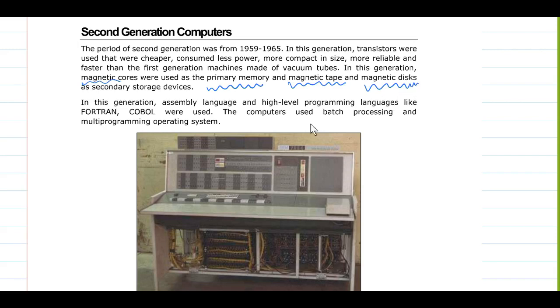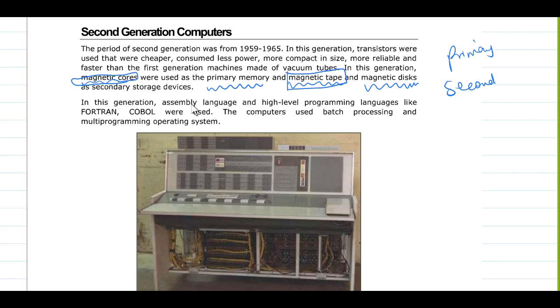What we will also learn is that we have two types of storage: primary storage and secondary storage. In the primary storage, we were using more of magnetic cores, and they were much faster than even the magnetic tapes that we saw used in the primary storage of the first generation computers.